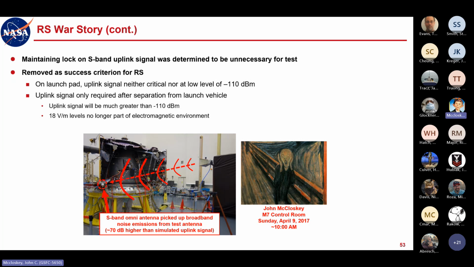So this whole thing of maintaining lock on the S-band uplink signal was an unnecessary and unrealistic success criterion, but it was interpreted as being an important success criterion, certainly by Northrop Grumman.